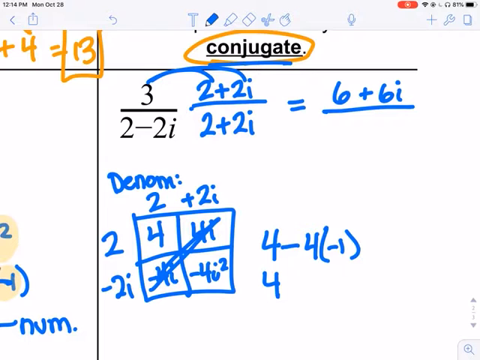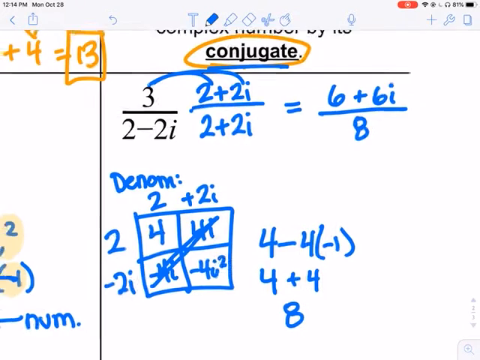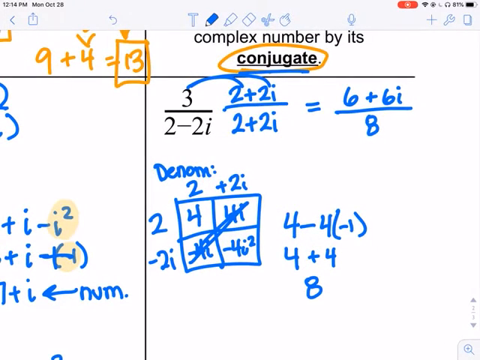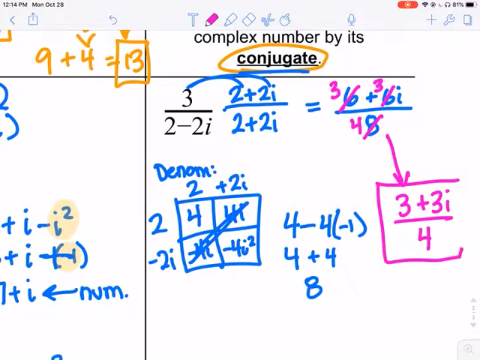So this would be 4 plus 4, which is 8. So my denominator here is 8. And then I'm just going to see if there's anything I can simplify, which I can. I can divide each of these by 2. So this would become a 3, and a 4. So my final answer would be 3 plus 3i over 4. That would be my simplified answer.